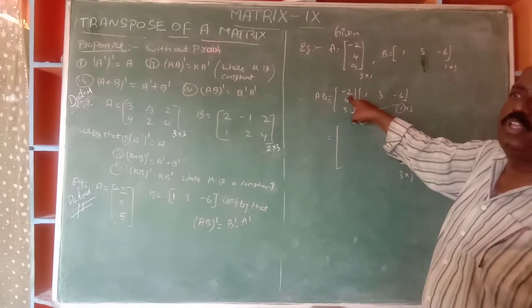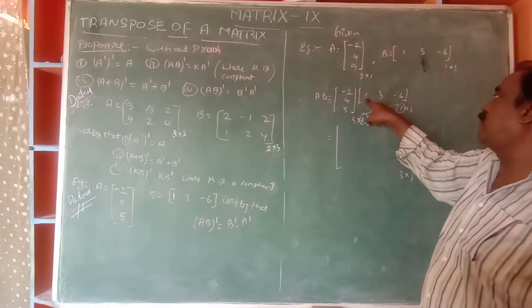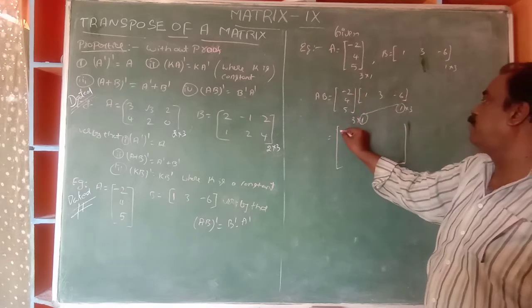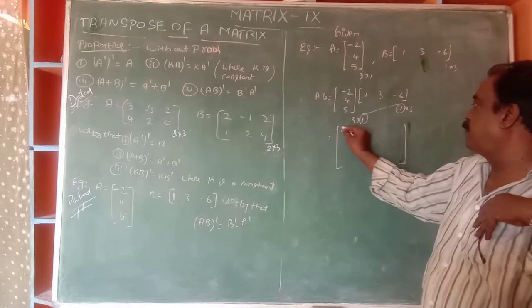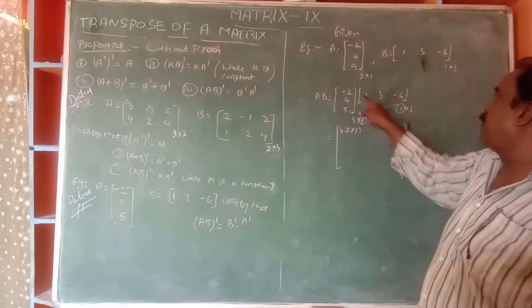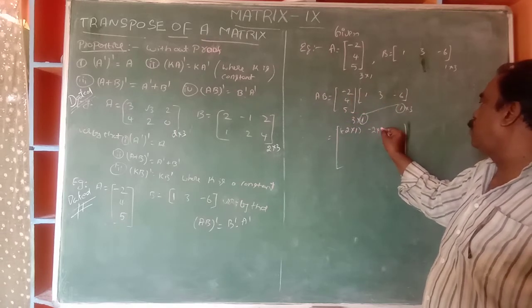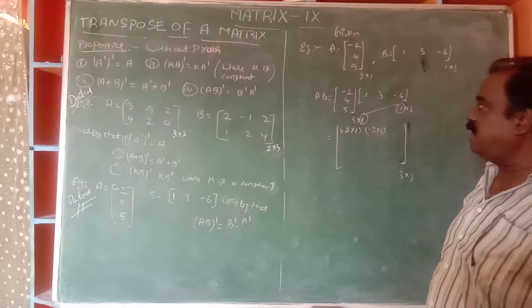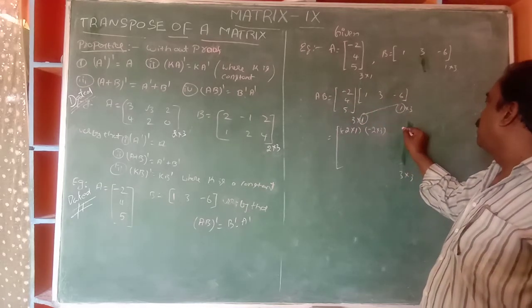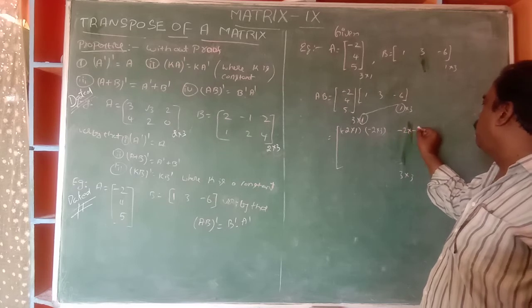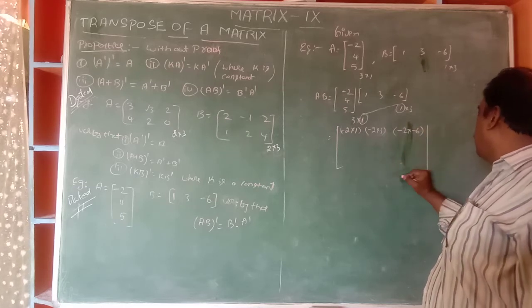-2 is first row, first column. -2 into 1. That is one element. Next, -2 into 3. That is first row and the second column. Next, -2 into -6.